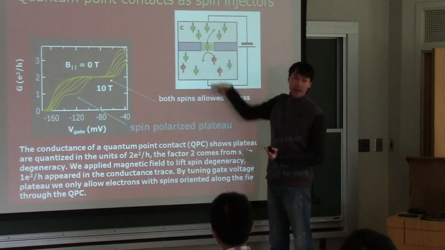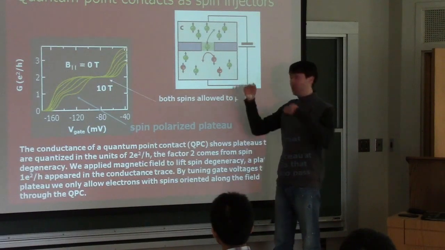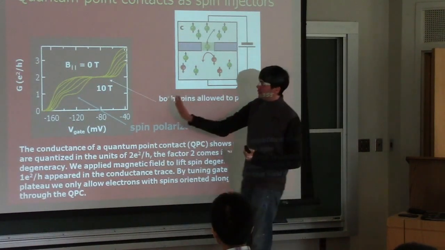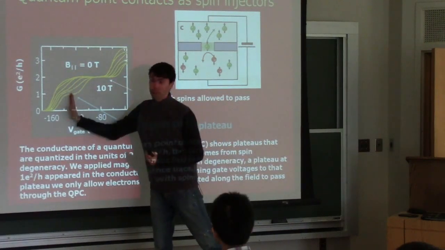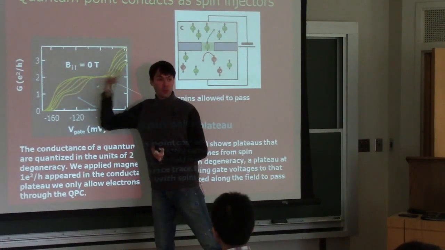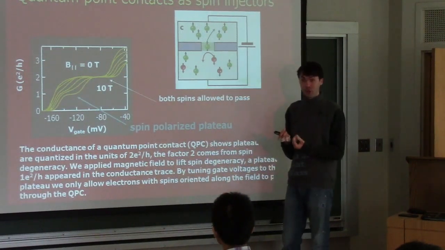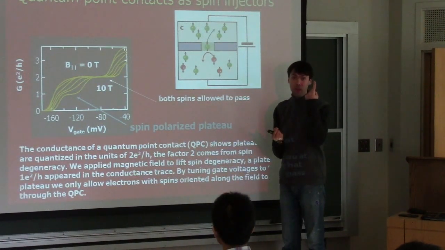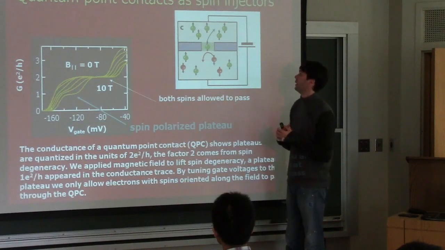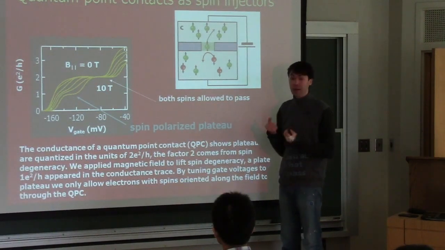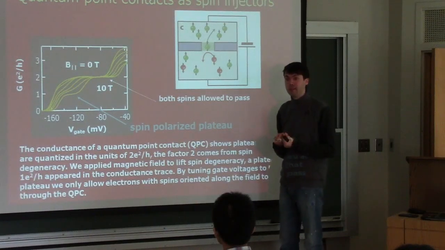So you scatter back. So if you apply voltage to a quantum point contact tuned to this first plateau at 1e squared over h, you can only pass electrons of one spin orientation along the field. The other electrons are reflected. So you have created a perfect 100% spin filter.